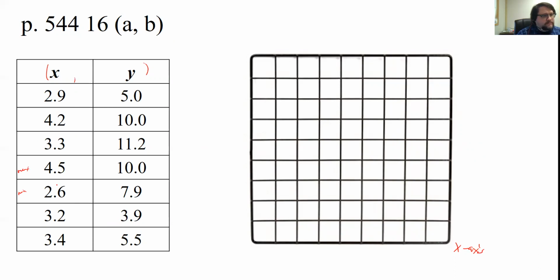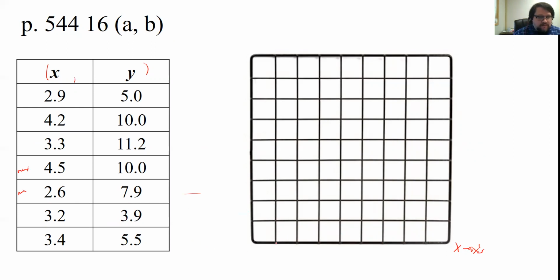So let's see. I just want to scale this. How many lines do we have? 1, 2, 3, 4, 5, 6, 7, 8, 9. Say 8, so that's about 2 units bigger. We'll go up by quarters.